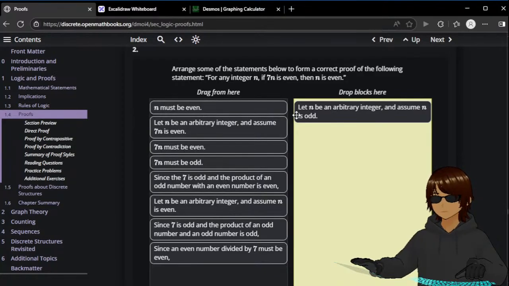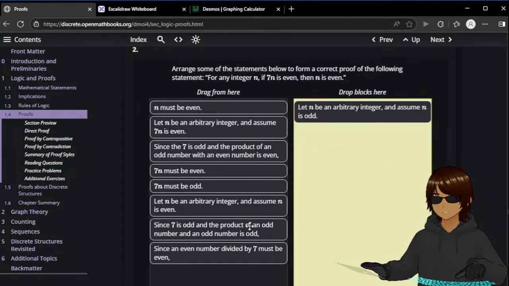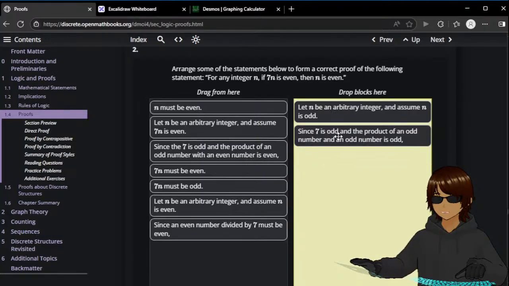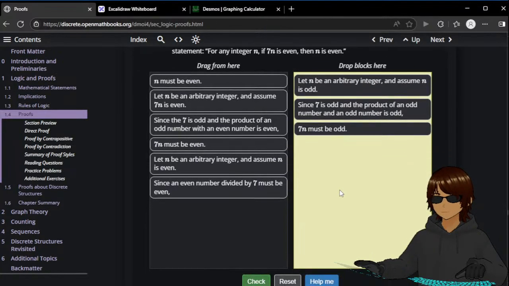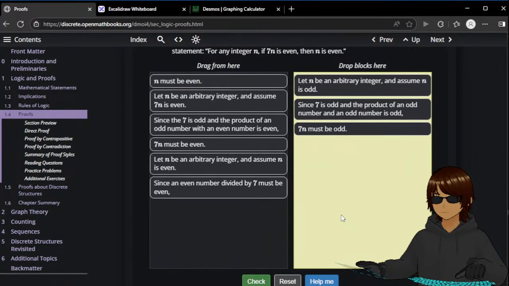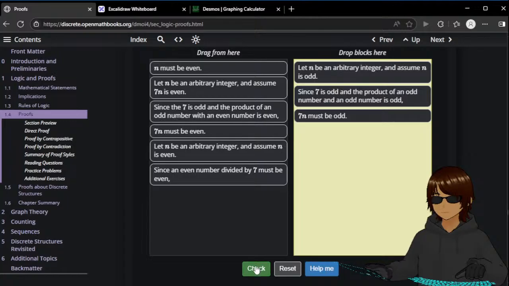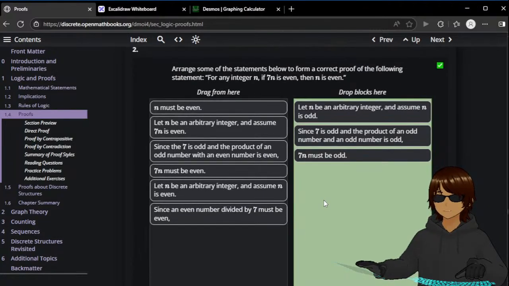Since 7 is odd and the product of an odd number and an odd number is odd, 7n must be odd. Perfect. Okay. So we are proving by contradiction.